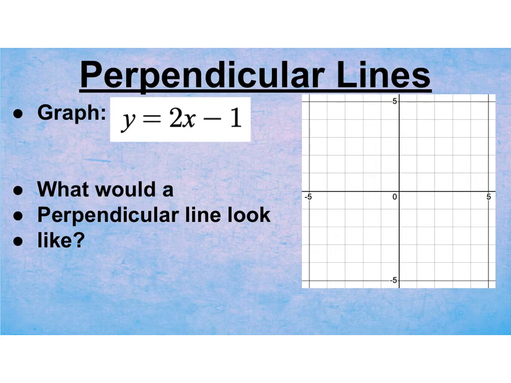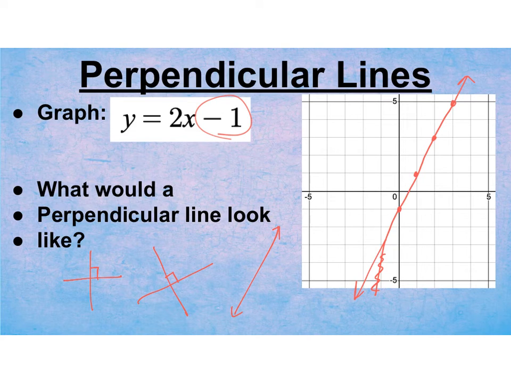Now let's take a look at perpendicular. And remember that perpendicular means intersects at a 90-degree angle. We could have it diagonally kind of as well. So we'll start with graphing this one. I'm going to plot the y-intercept at -1, and I'm going to move my slope up 2/1, and I have that line right there. So it's going to go diagonally the other way.